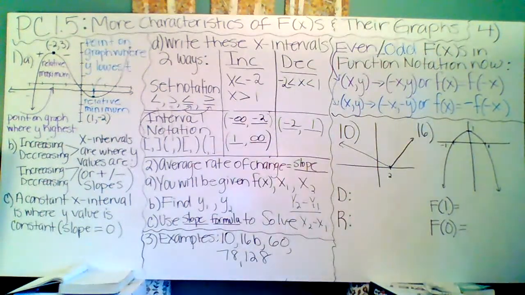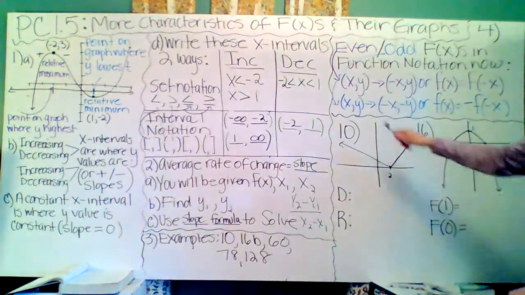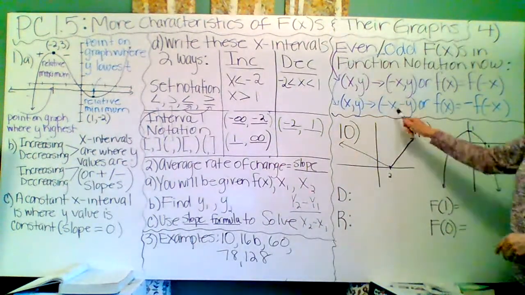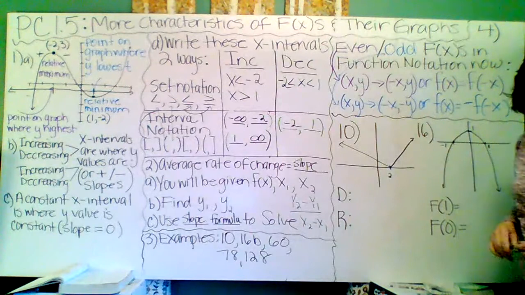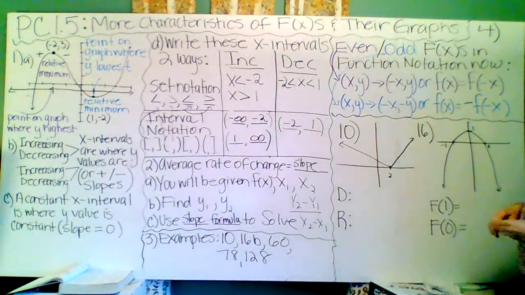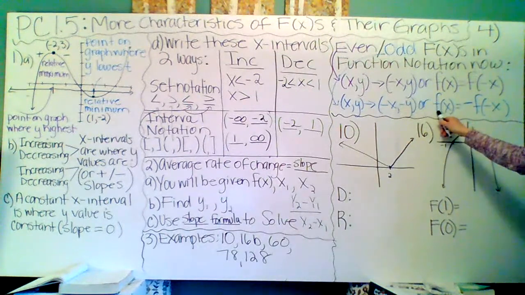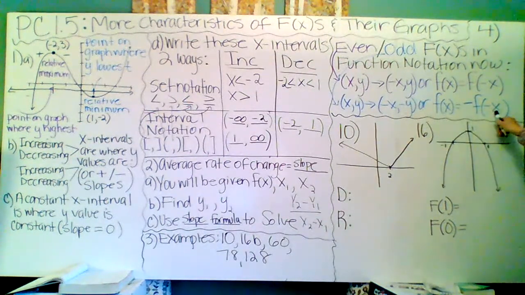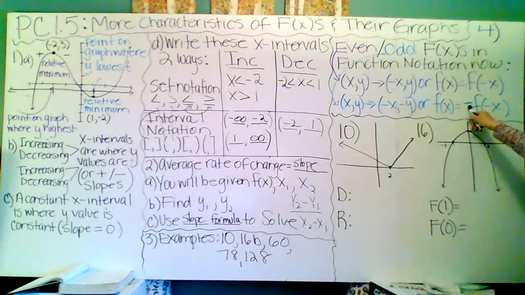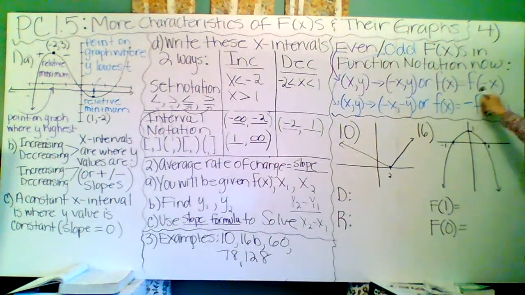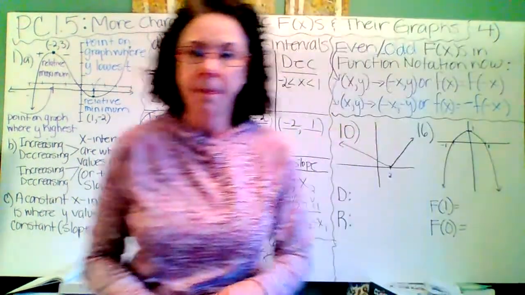You get the same y out. In an odd function, if there's an (x, y) point on the graph, so is (negative x, negative y). What does this mean? It means if you put an x into a function and you get a y value out, when you put a negative x into a function, you get a negative y value out, a negative function value. So that's just in function notation.